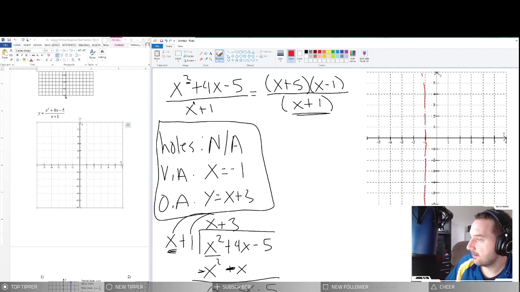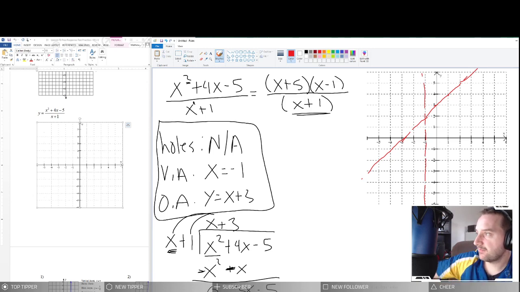And then at y equals x plus 3, I have my oblique asymptote. You know, this thing might not even fit on the graph. But anyways, that red is the asymptote. You wouldn't draw it solid, you'd draw it dotted. It's kind of hard to draw dotted on this touch screen.